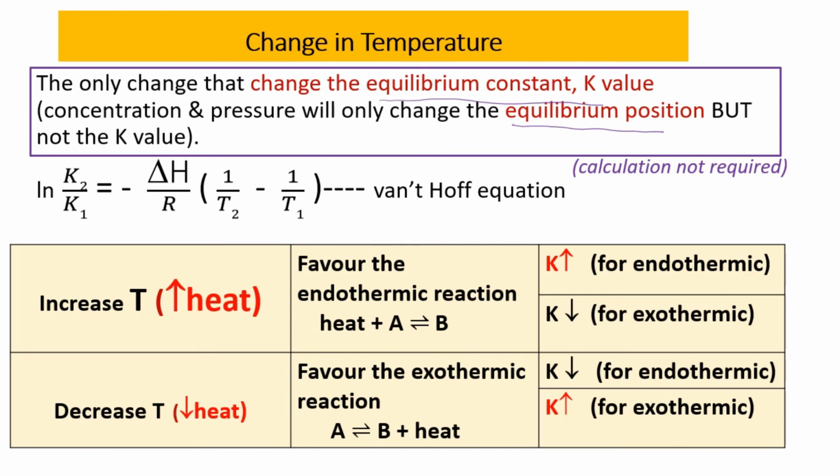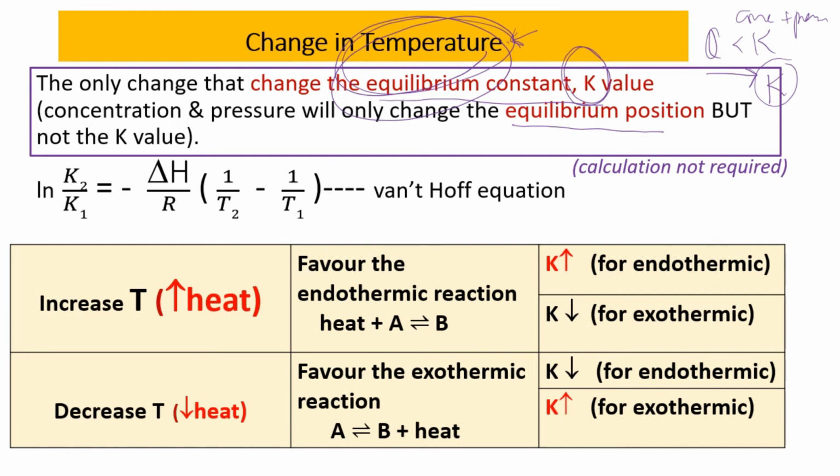The Q will go back to the same K. For example, when Q is smaller, the Q will keep on going back to the same value of K. K value does not change for concentration and pressure. But for temperature, you have to remember, this change will actually change the value of K.